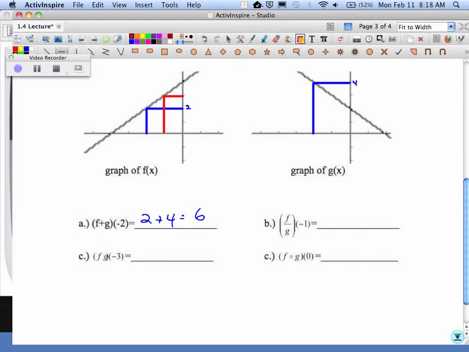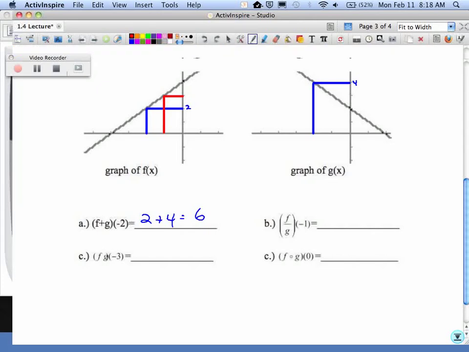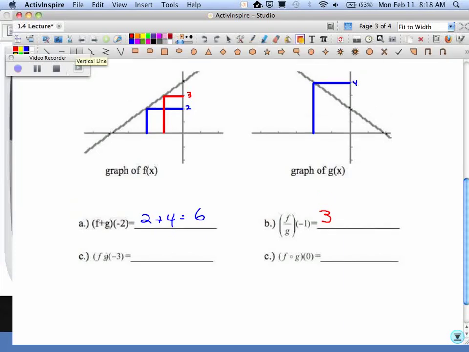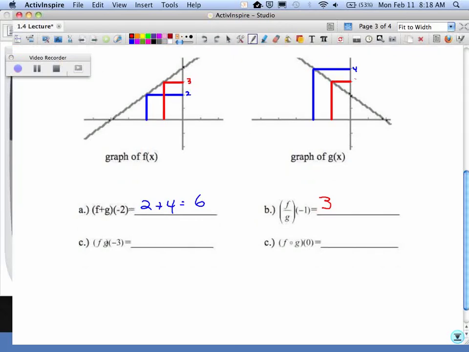Do that on g also. -1 would be right here. We go vertically to the function, horizontally to the output. So we're dividing those two. What's 3 divided by 3? That's the answer.